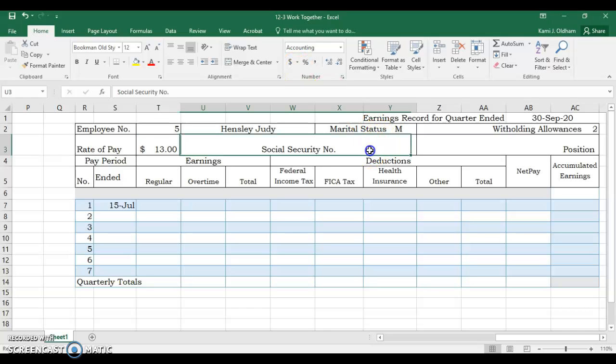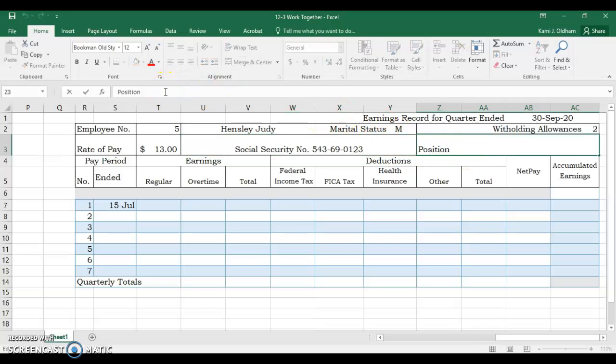Her social security number is 543690123. And then her position is a sales clerk. Okay, so employee number, rate of pay, her name, her social security number, her marital status, her withholdings, and her sales clerk position.